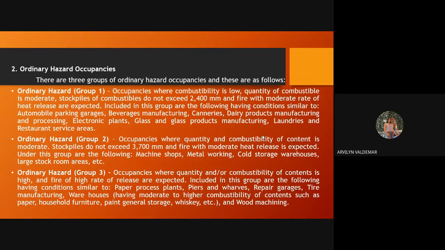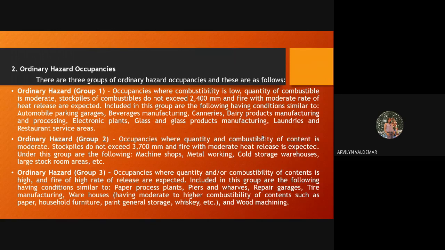Next is ordinary hazard occupancies. There are three groups of ordinary hazard occupancies. First is group 1: occupancies where quantity of combustibles is low and quality of combustibles is moderate. Stockpiles of combustibles do not exceed 2,400 millimeters and fires with moderate rate of heat release are expected.